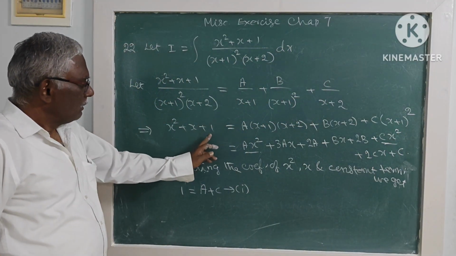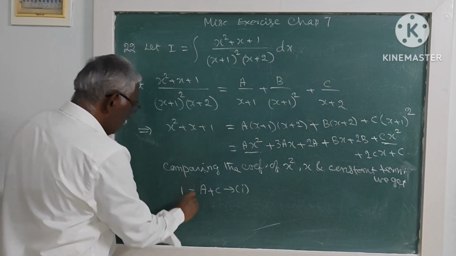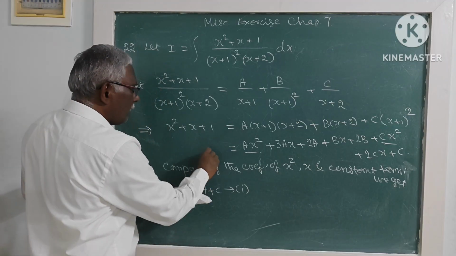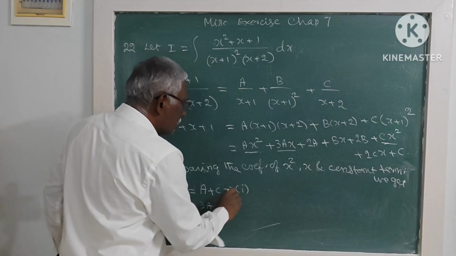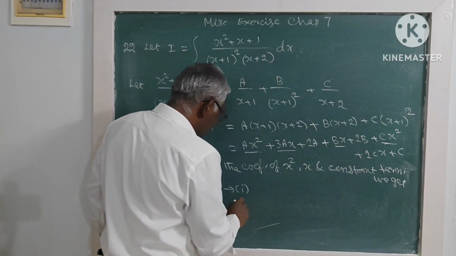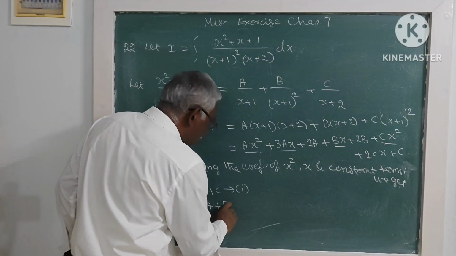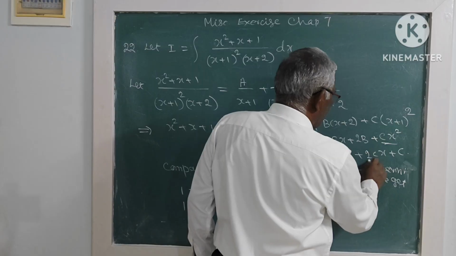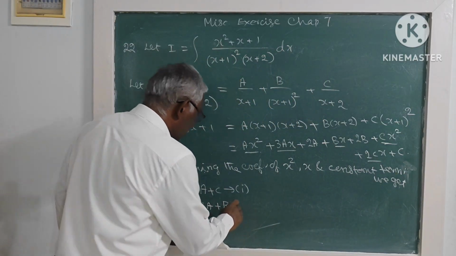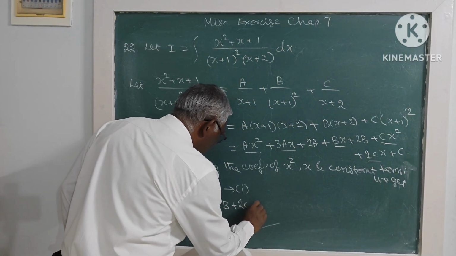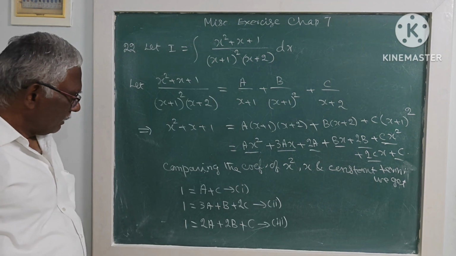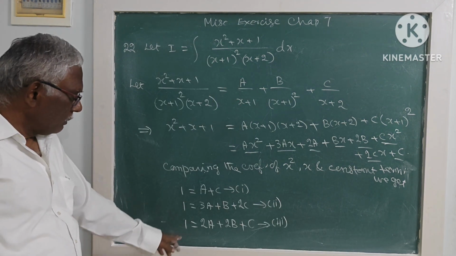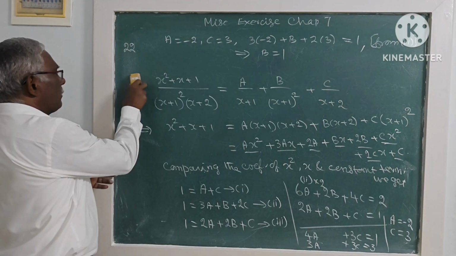Then if we compare the coefficient of x, 1 is equal to 3a plus b plus 2c. The equations are there, 3 unknowns. We have to solve for a, b and c.